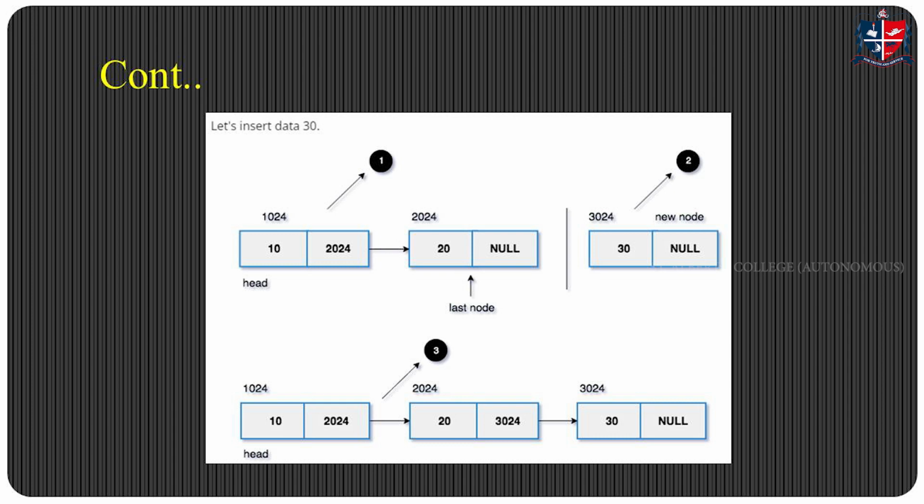For that, just initialize a node pointer temp to head, and keep on traversing temp until temp's next is equal to null. So temp comes to the last node. Now the last node has temp, and we can just give the link, that is temp's next is equal to new node, and thus the insertion at the end can be done in the linked list.